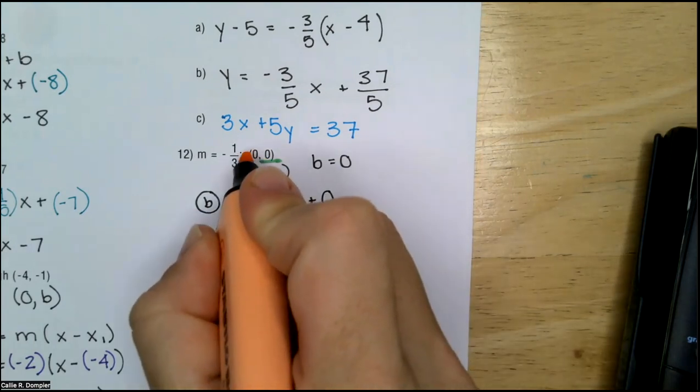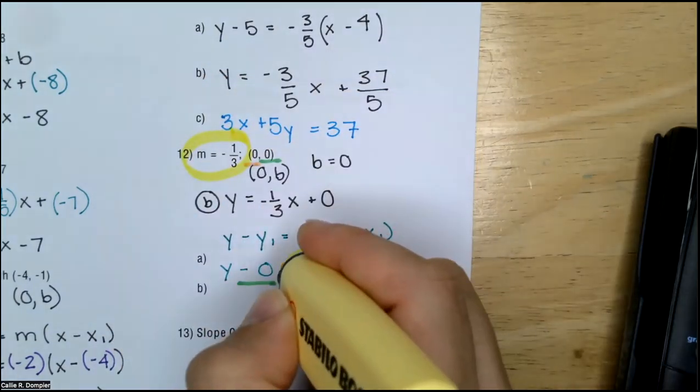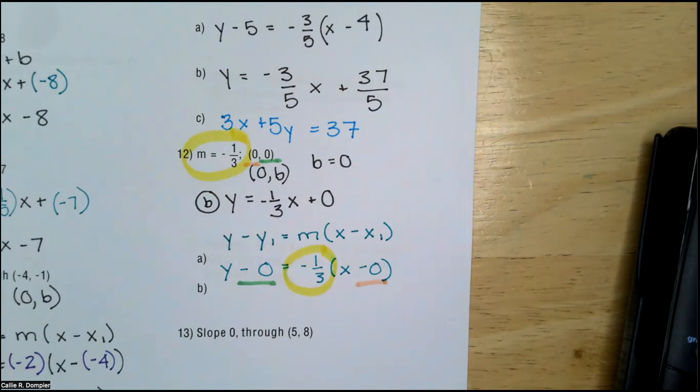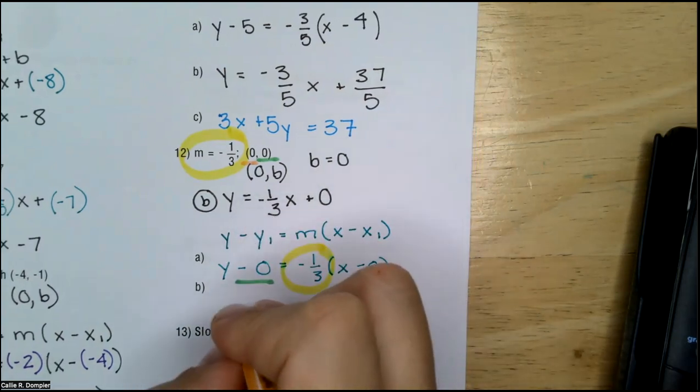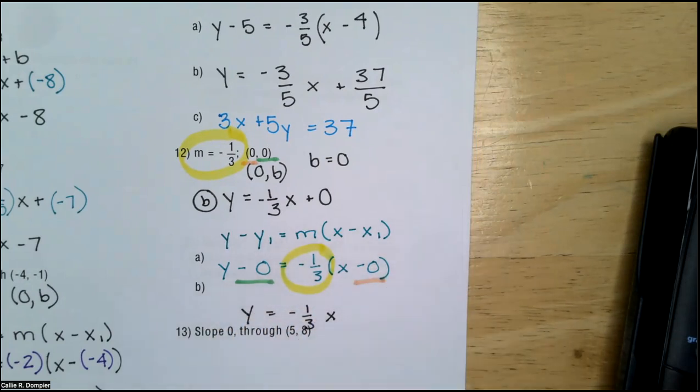There's x1. And then there's my slope. I know I kind of rushed that, okay? So you can leave it like that. Or you can say y equals negative 1/3 x by just simplifying out the zeros.